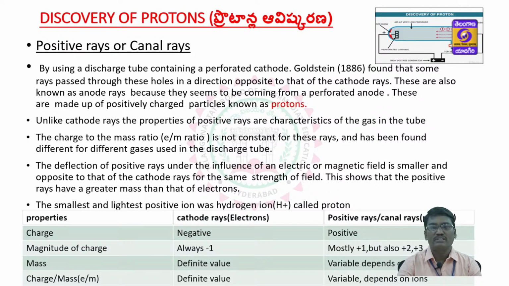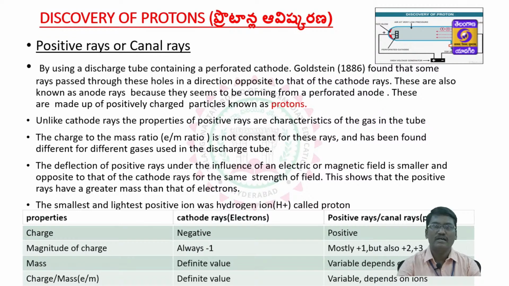Anode rays are different from cathode rays. They are positive in nature, and the characteristics of these rays depend on the gas in the tube, whereas the cathode ray does not depend on the gas.